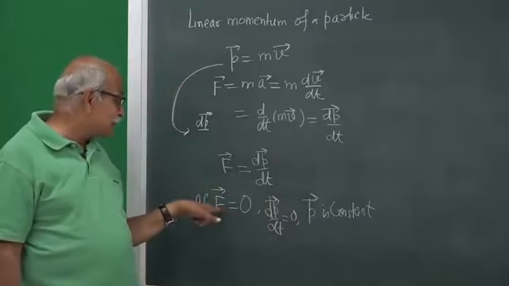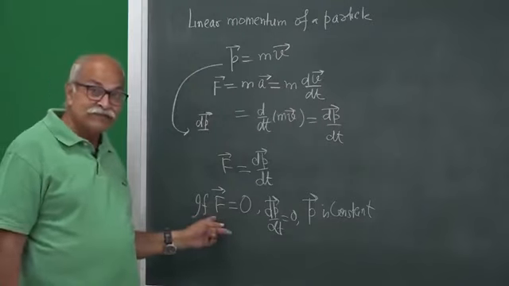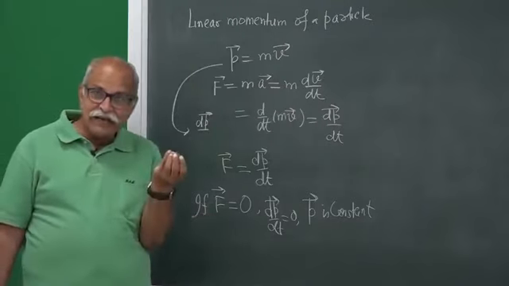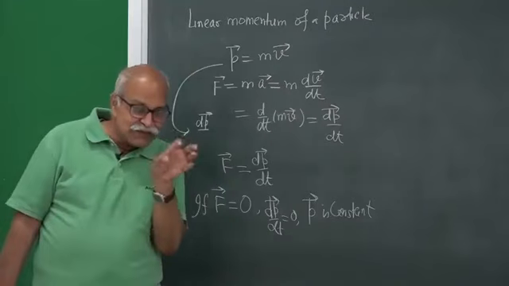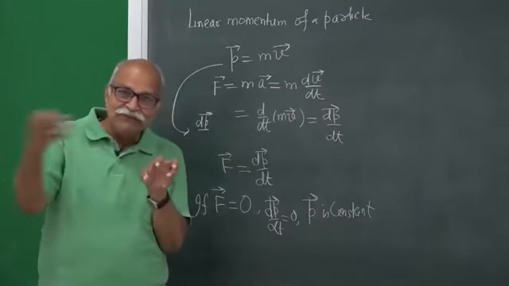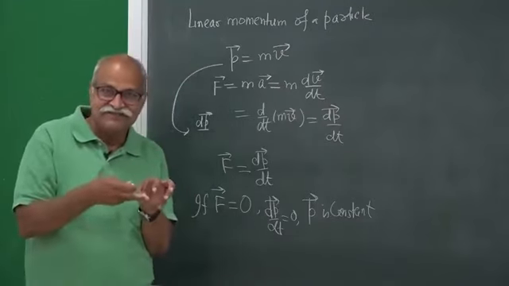So far I am not talking of external or internal forces. It is one particle and I am absolutely not interested in what is going on inside. So, any force on this is external.